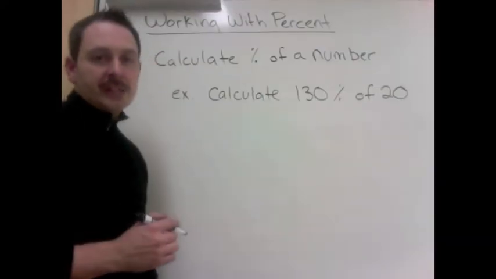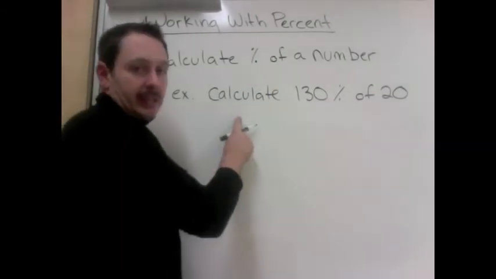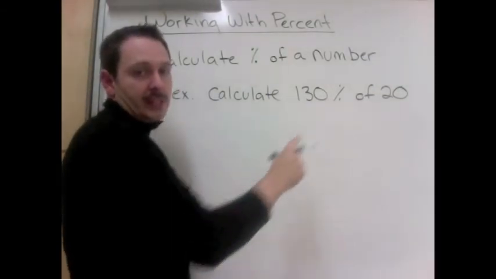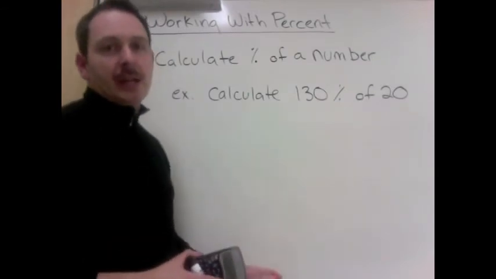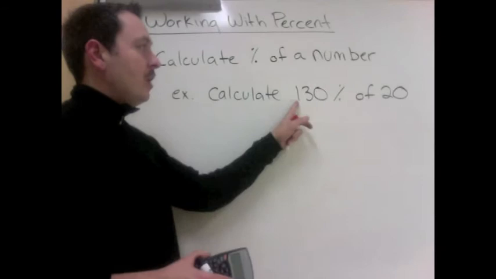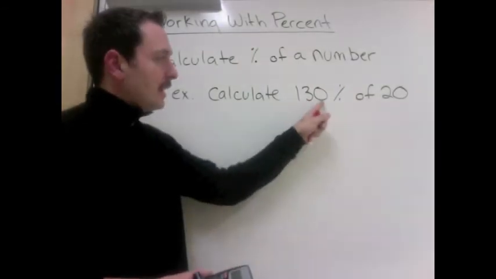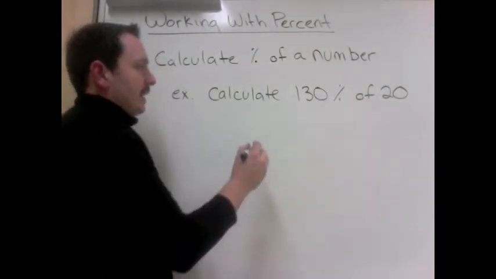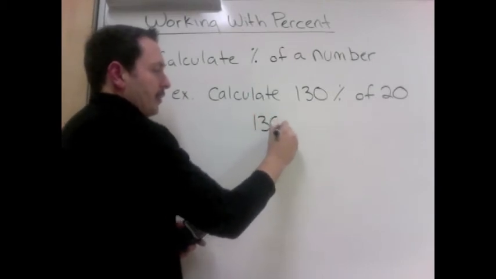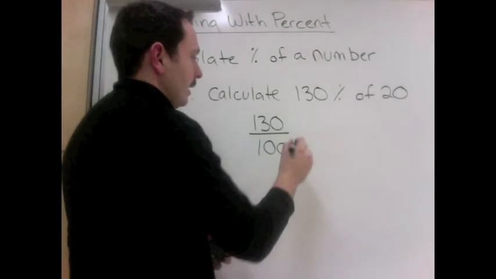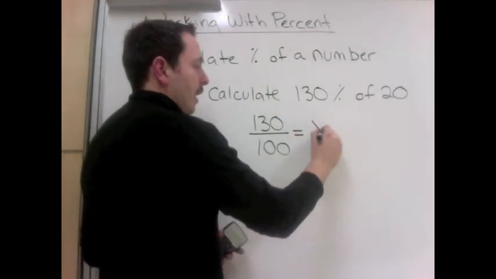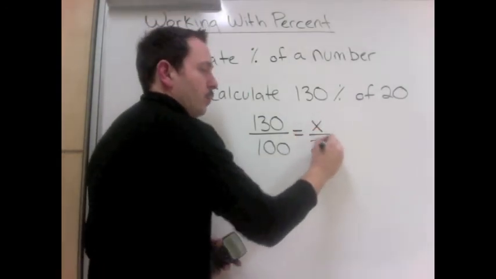So let's look at another example that's similar to the last one. Calculate 130% of 20. Now, typically 100% represents everything, but it's possible to have more than 100%. Okay, you'd have all of it plus a little extra. So using our last technique, well, 130%, percent is always out of 100, and this is going to equal how much of 20?